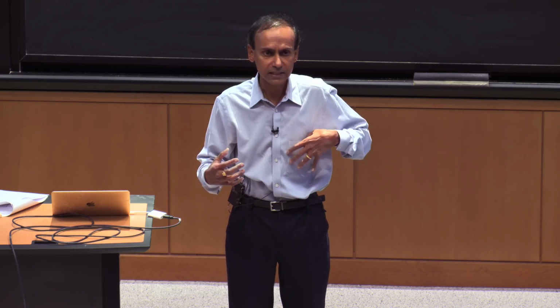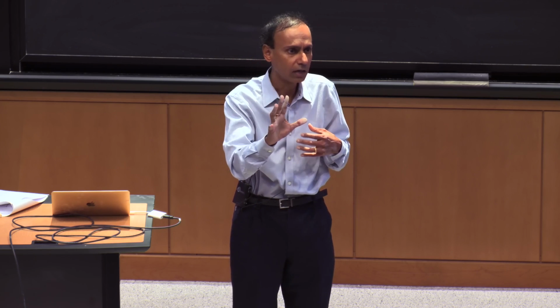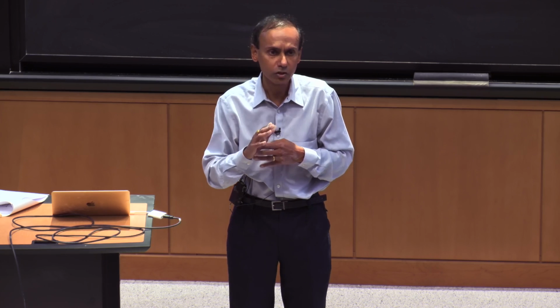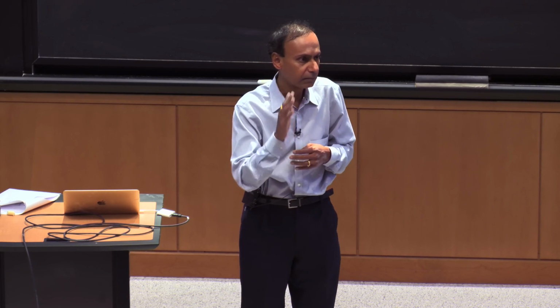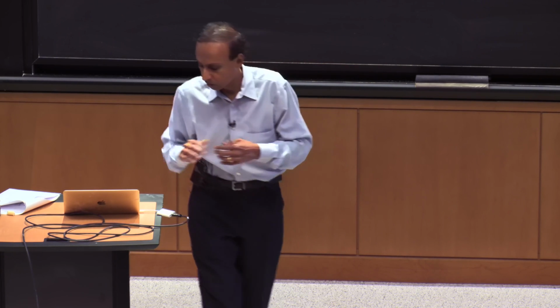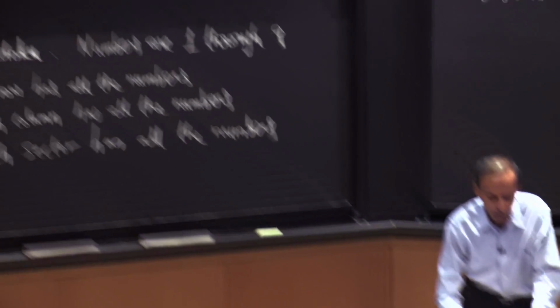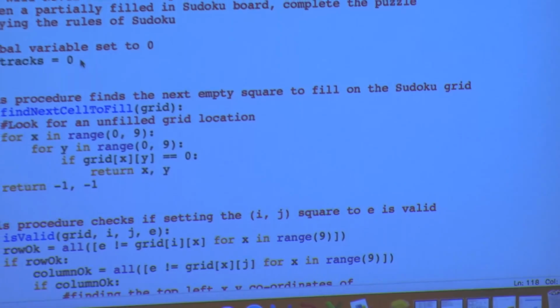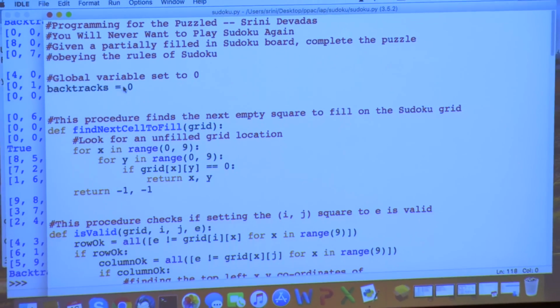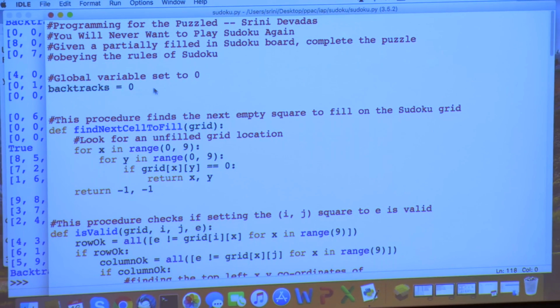Global variables essentially say that there's exactly one memory location associated with this variable, and anytime we mutate this variable, you're going to see the effect of that in that memory location. Okay? So up here I set backtracks to be 0. And that's my global variable. The fact that I put backtracks equals 0 here doesn't make this a global variable just yet.